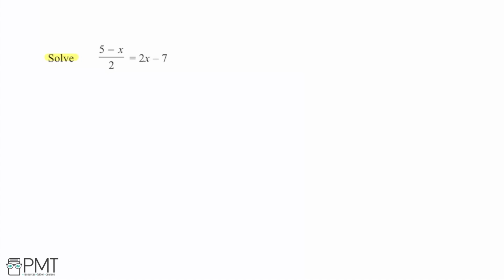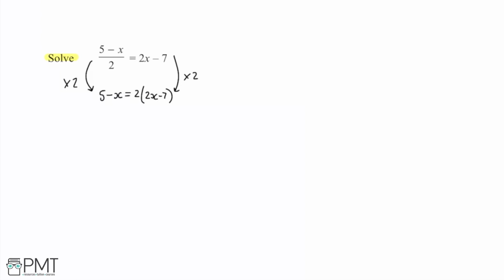So when I have a fraction, which I have over this side, I've got something divided by 2 here. Now it's going to make sense here if I start off by multiplying both sides by 2 in order to get rid of this denominator that we have here. So if I multiply both sides by 2, I'm left with 5 minus x is equal to 2 lots of 2x minus 7.